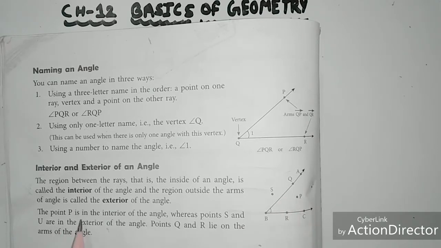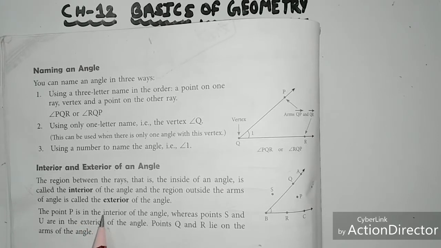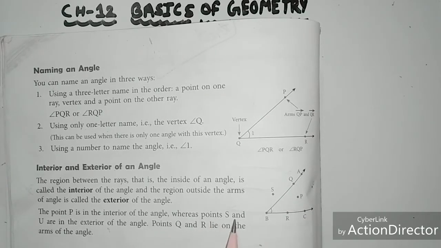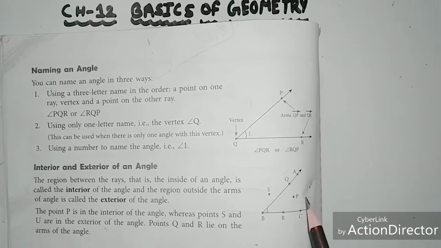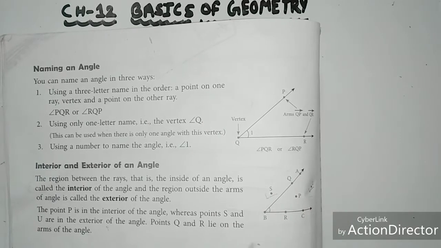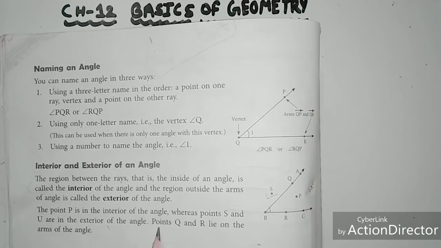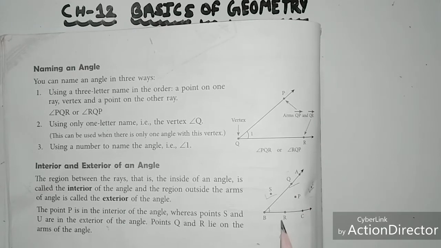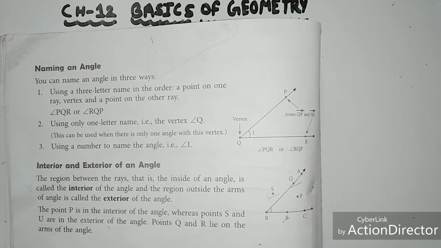The point P is in the interior of the angle, whereas points S and U are in the exterior of the angle, and points Q and R lie on the arms of the angle.